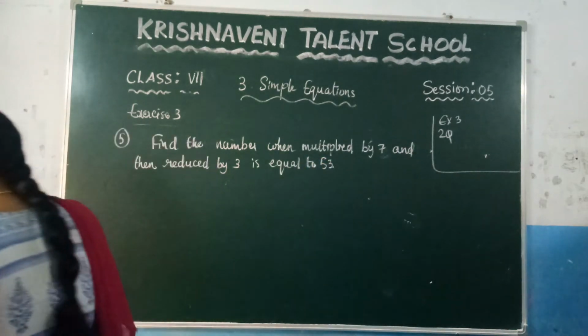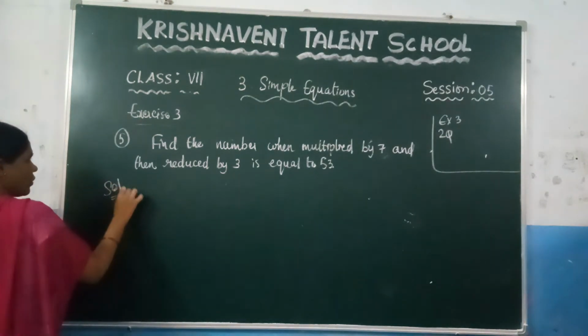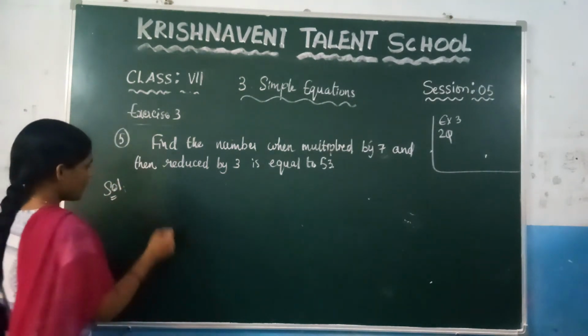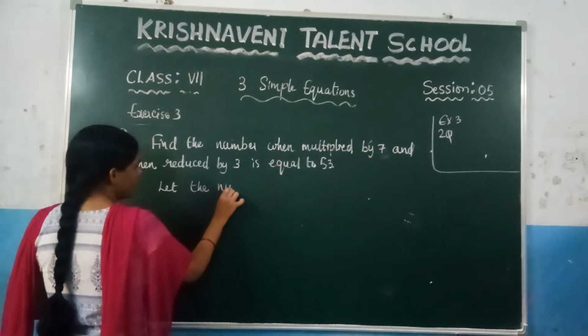You need to find what that number is. So here again we don't know that number. Let us consider that number as x. So first step, let the required number be x.